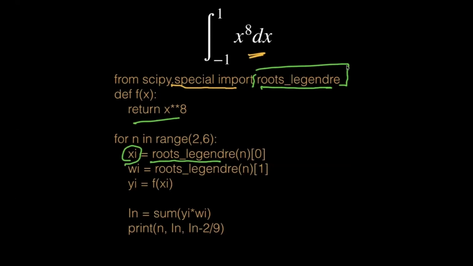Xj I called in the previous slide, and wi is the weight. For a given Legendre of order n, we need n. So I'm right now doing it for 2 to 6, n equal to 2, n equal to 3, and so on. So I do it for various n's, and I get xi's. Now I compute yi at given xi.